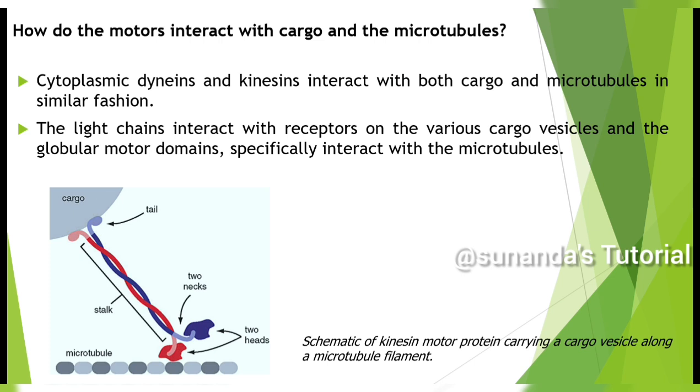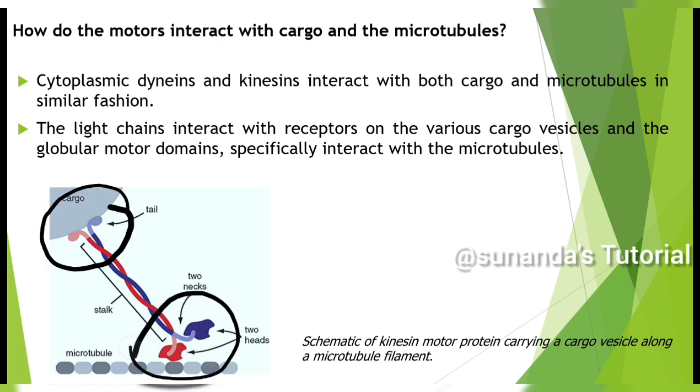So the light chain interacts with the cargo and the globular motor domain interacts with the microtubule, and in this way they work together with the microtubule and help to carry any kind of vesicle inside the cell.